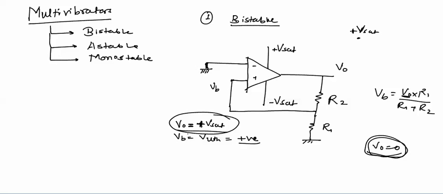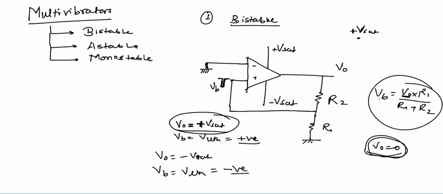Now if we apply a negative pulse at VB, which will be making this VB voltage below 0. If this VB voltage goes below 0, then output goes to minus Vsat. And if output goes to minus Vsat, VB becomes VLTH, which is obviously negative for this equation.